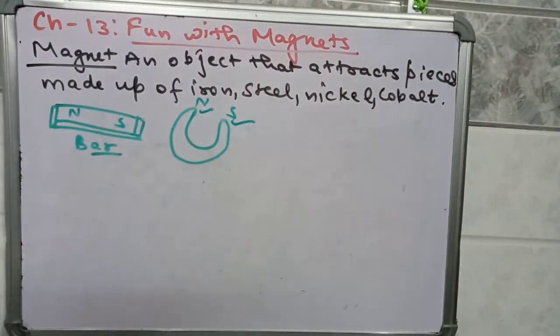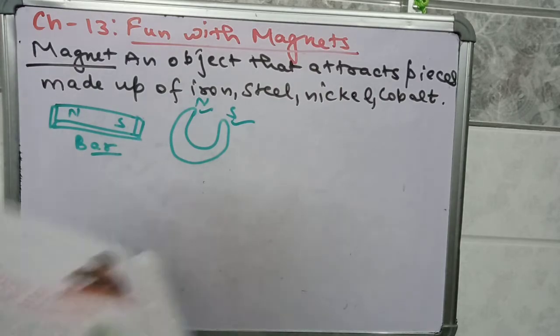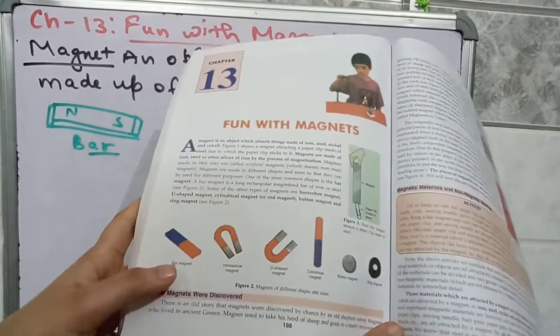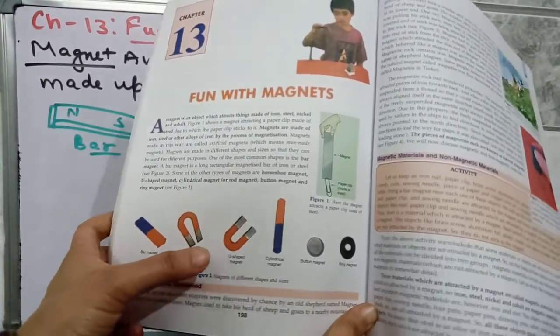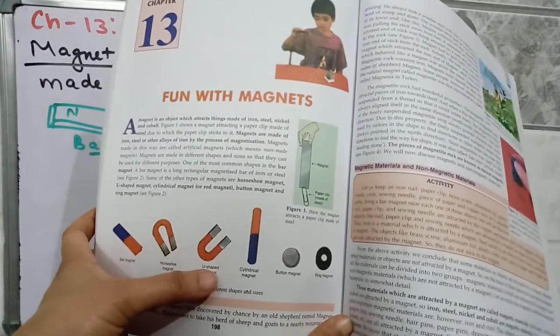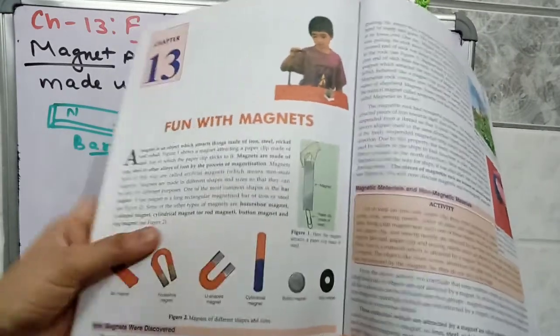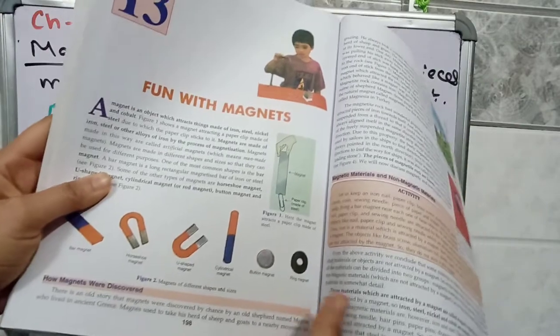Okay, there are other shaped magnets also. Horseshoe magnet, right, U shaped magnet, button magnet or ring magnet. Okay, you can see the different shapes of magnets. For example, first one is the bar magnet, next is the horseshoe magnet, next is the U shaped magnet, cylindrical magnet, button magnet, ring magnet, right.